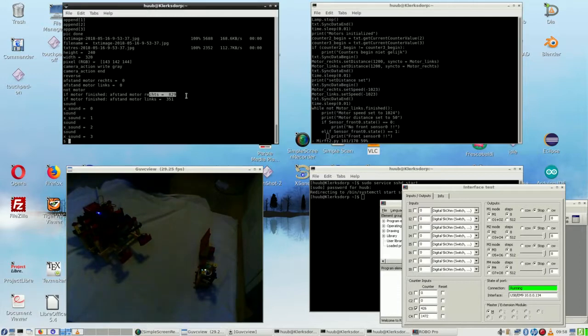So now I have to make sure that everything is straightened up and that I'm looking at the right side and the right counter.